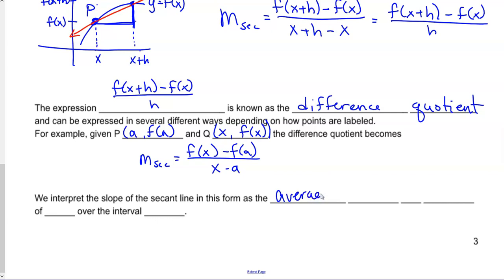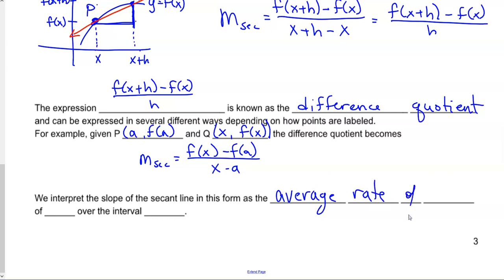And what we interpret this slope as, this is the form of the average velocity, sorry, not average velocity, it should be average rate of change. Average rate of change, which in section 2.1 you're going to see as the average velocity.